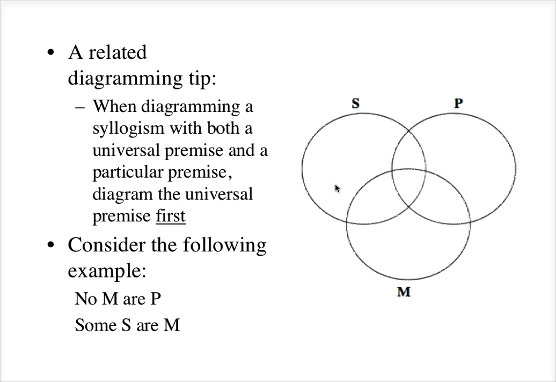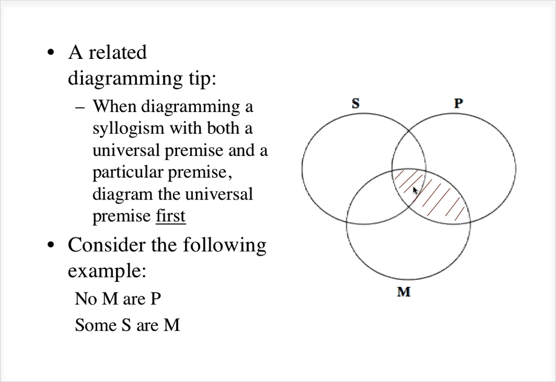Another related diagramming tip. When diagramming a syllogism with both a universal premise and a particular premise, diagram the universal premise first. Consider the following example. No M are P, and some S are M. Well, if we just started with the some S are M, it could go here. That's one option. That's an area that's both S and M. Or it could go here. We don't know. So if we diagram the universal premise, no M are P, first, then that narrows it down.